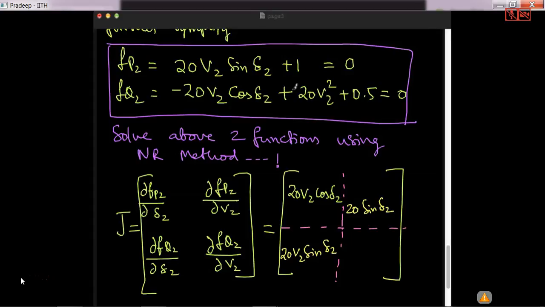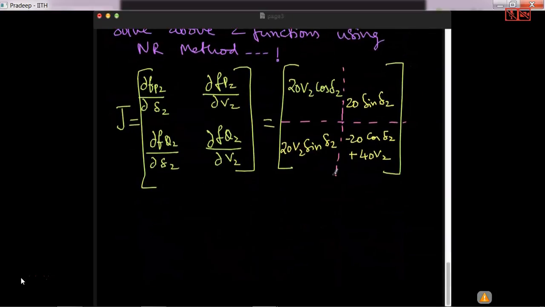Similarly, the other two terms will be 0. Now differentiate this entire expression with respect to v2. I will get minus 20 cos delta 2 and then plus 40 v2. So I now have the Jacobian matrix.